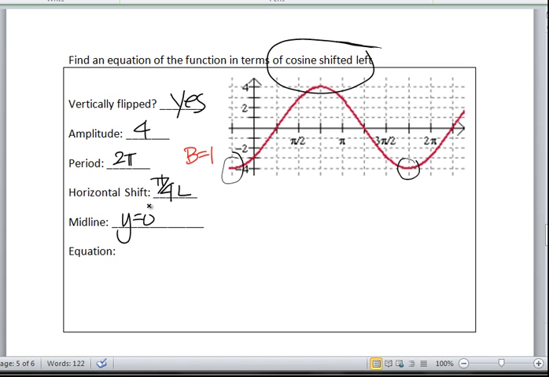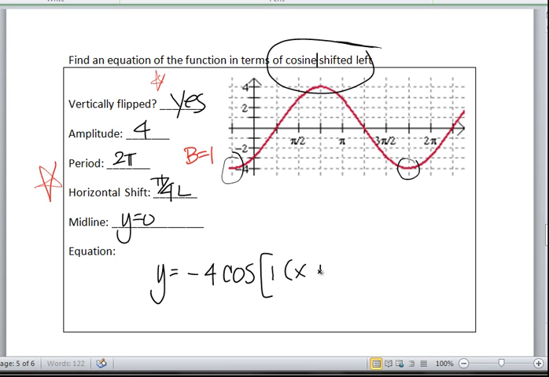Okay, so what we need to do is focus on how this is going to get translated into our graph. And the other thing that's different is the fact that we are vertically flipped. So that means that y is equal to negative 4 cosine. Okay, our b is 1. I still like to write that there, at least to get us started.